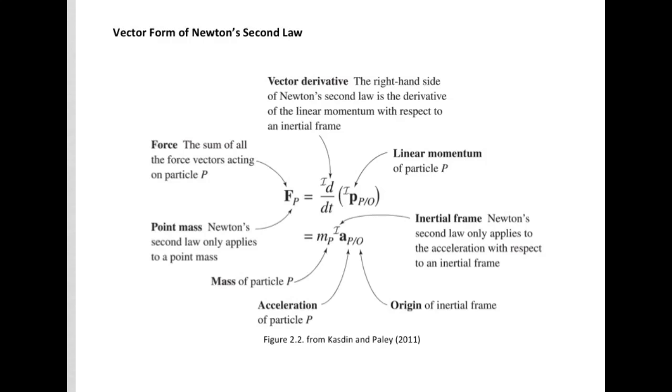This essentially says what we said at the beginning, which is that the force applied at point P, this point mass, is equal to the time derivative as observed in the inertial reference frame, or reference frame I, of the linear momentum of the particle P with respect to the origin of the reference frame observed in the inertial reference frame. That's F equals ma.